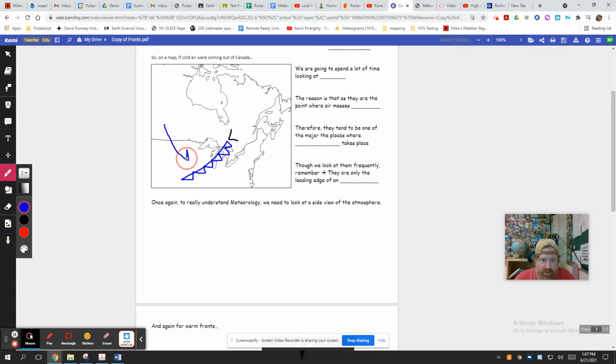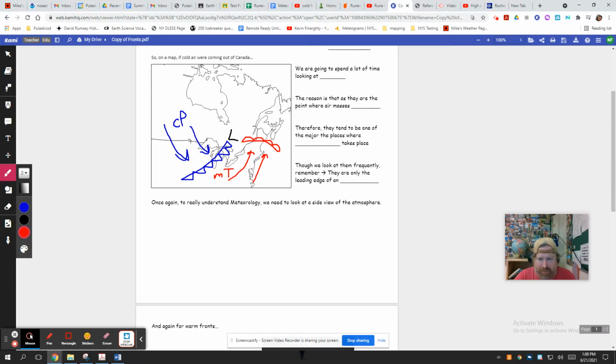Cold front coming on down, bringing this continental polar, cold, dry air down from Canada. Once that fully sweeps over us, we're going to expect it to be cooler and drier, which it will be tomorrow. Because right now we are sitting in the last little bit that hasn't quite gotten swept out yet of this warm, wet air that's coming up from the Gulf of Mexico, maritime tropical.